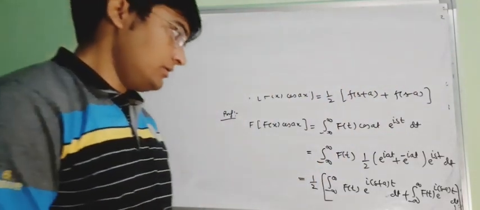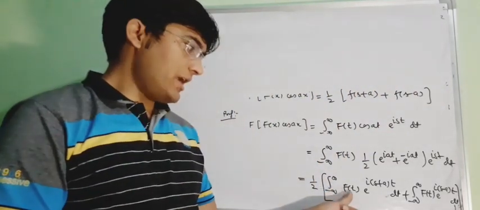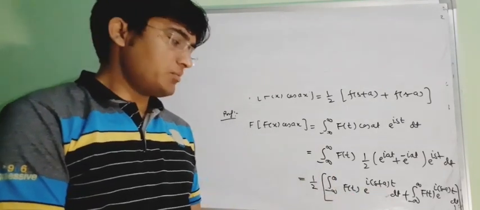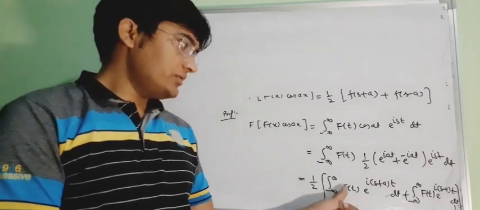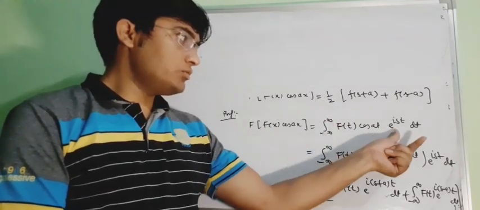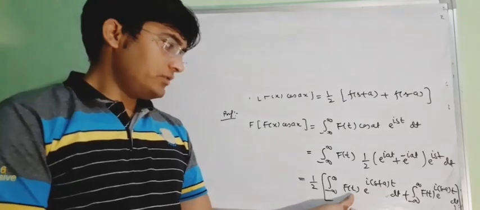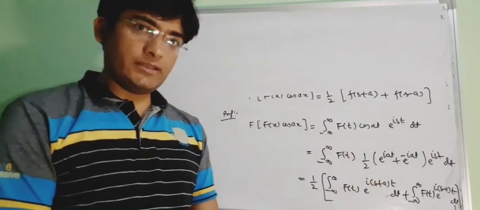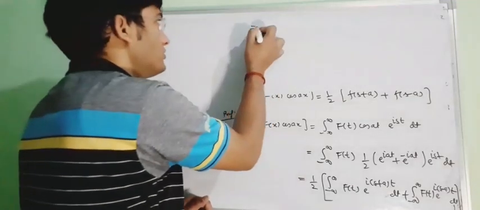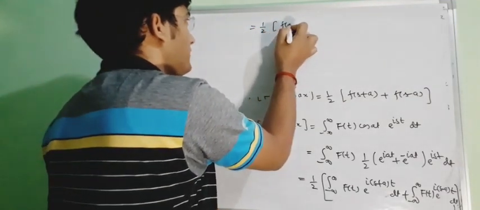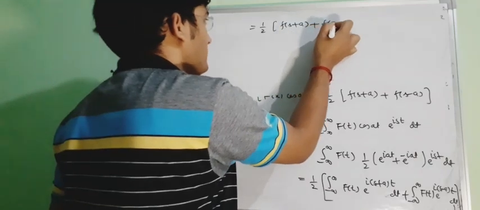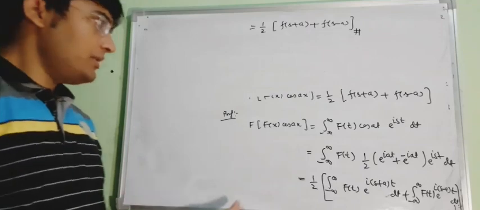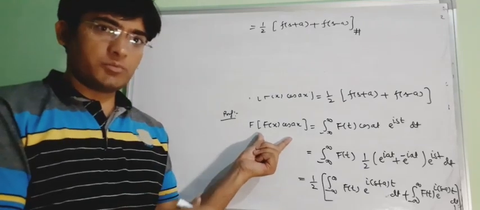Now this integral of f(t) e to the power ist dt is the definition of the Fourier transformation. Now in place of s we have s plus a, so this will be half of F(s+a) plus F(s-a). So this is the modulation property. Now we have proved the modulation property for the Fourier transformation.